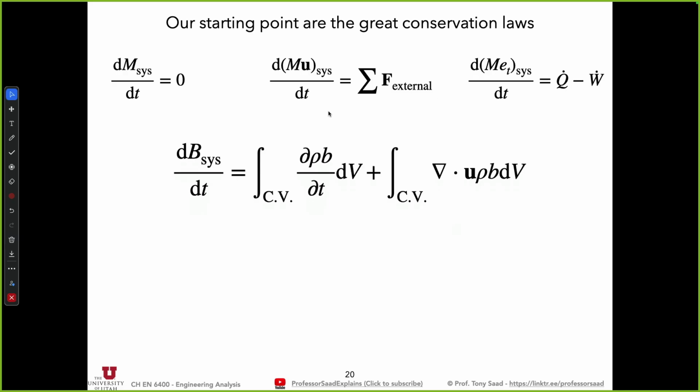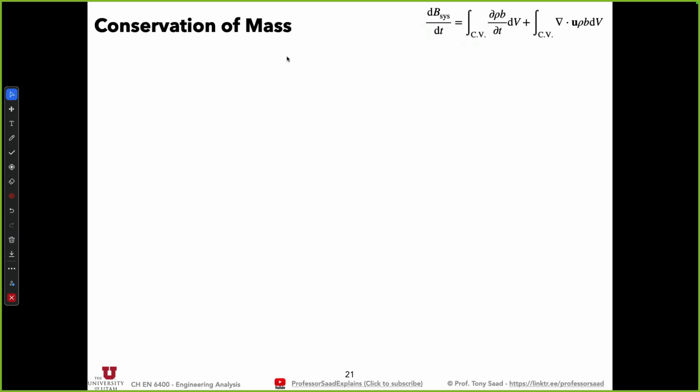Okay, and now we're going to go one by one, and we're going to start untangling the left-hand side. Okay, easiest is going to be mass conservation. The energy equation, we're going to do some of it. The rest is going to be done in mass transfer. But we're going to spend a considerable time untangling the momentum equations. Okay. So let's start with conservation of mass.